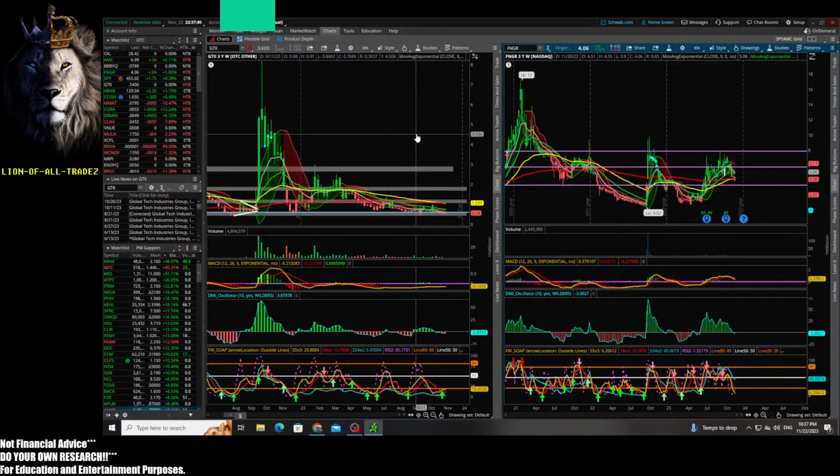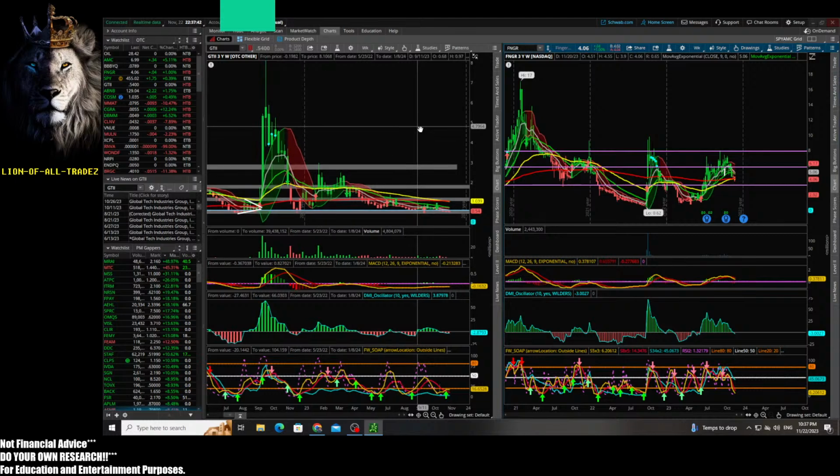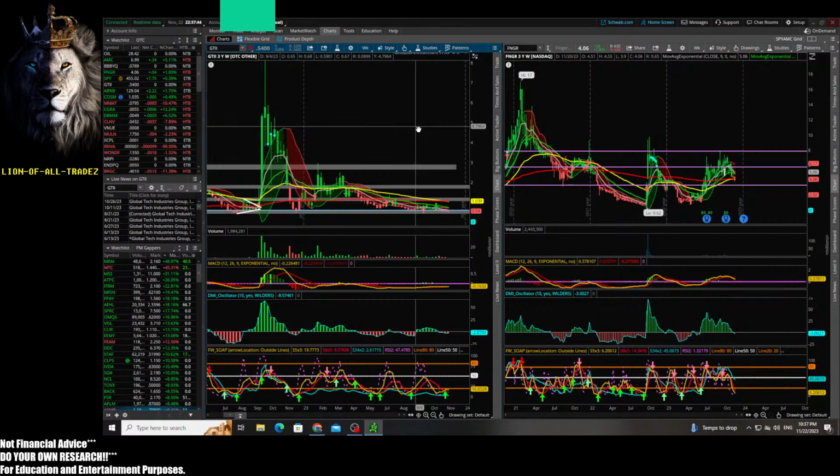I'm just here, just looking at these charts, looking at GTII, Finger. I'm starting to have a theory, and I think that in my opinion, with GTII, we're starting to become a little bit close to that breaking point. 50 cent range.